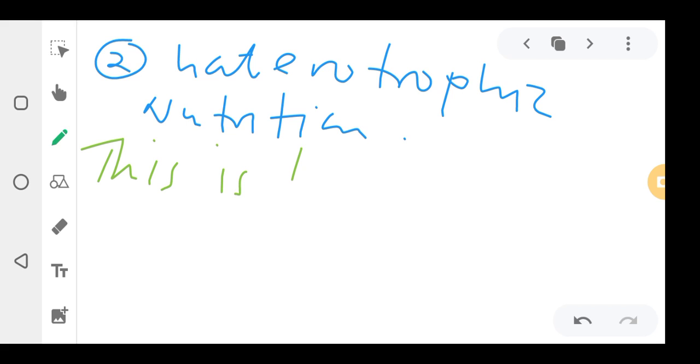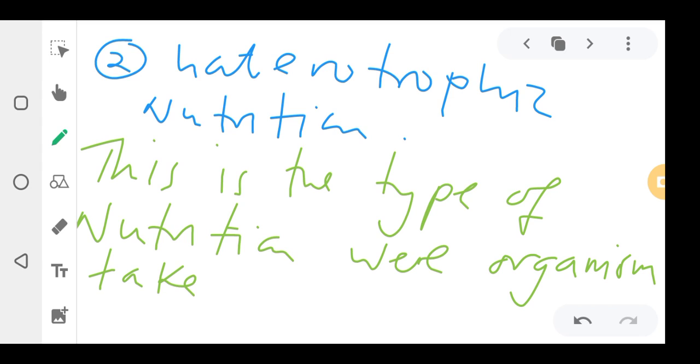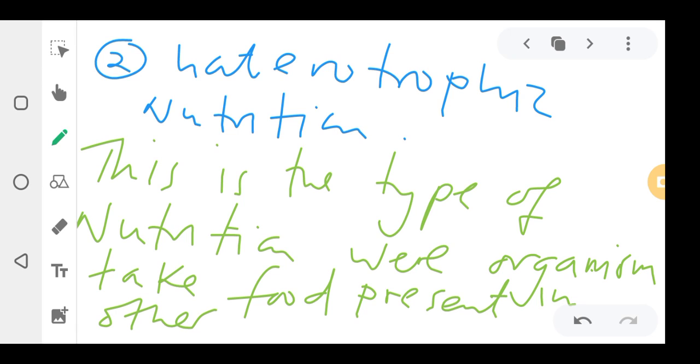This is the type of nutrition where organisms take food present in other organisms.